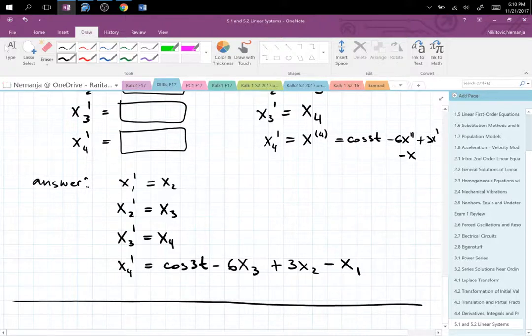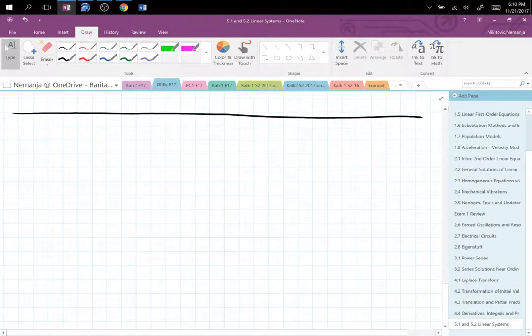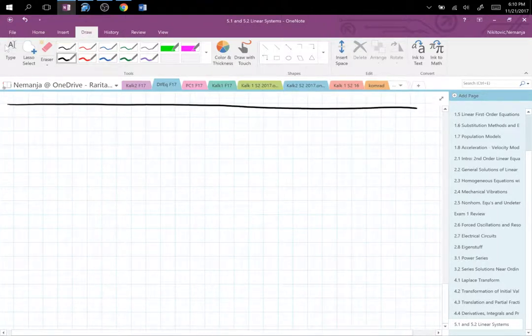The second type of conversion is when you have a system to put the system together into a higher order equation. And I see that one as far easier than this. But then again, you have your ways. So now the goal is to go the other way. Convert the system into a single higher order differential equation.